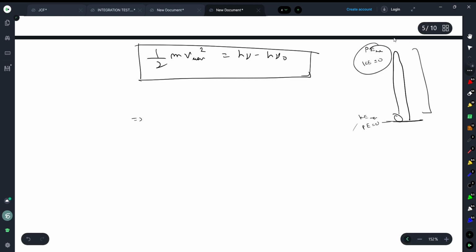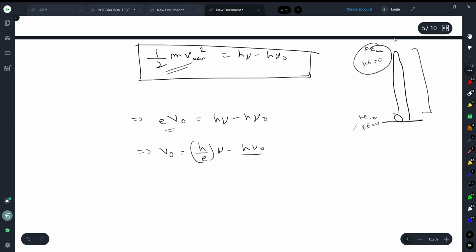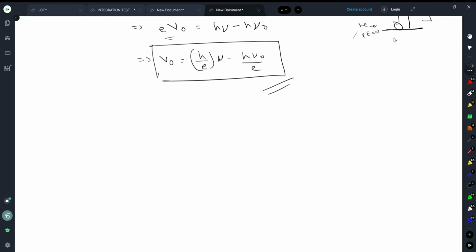So we can equate e V naught is equal to h nu minus h nu naught, because this maximum kinetic energy is equivalent to the potential energy due to the stopping potential, right? From here we can say V naught is equal to (h over e) nu minus (h nu naught) over e. This is one of the most important expressions, and this is called Einstein's equation of photoelectric effect.